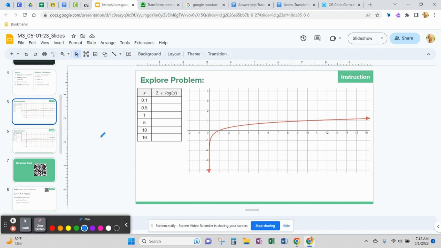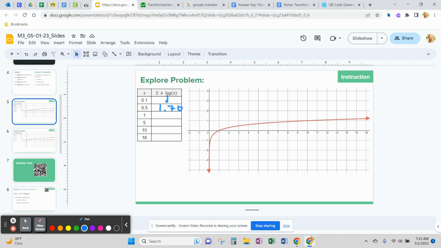So if I plug in 2 plus log of 0.1, we get 1 as our answer. So that's going in that first column there. We'll keep going through that table. 2 plus log of 0.5. This one will give us 1.70.